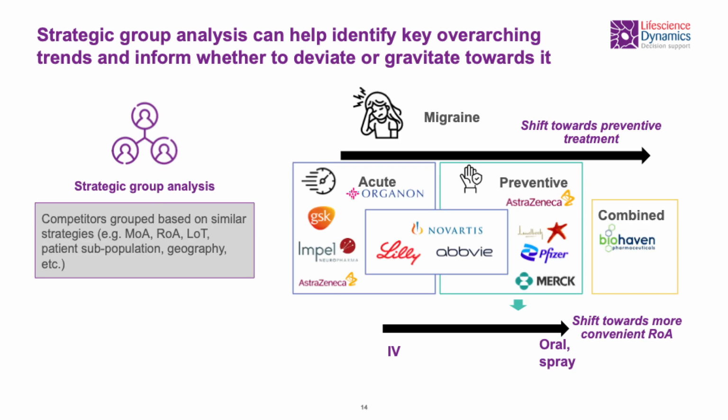So firstly, strategic group analysis. So this is essentially grouping competitors based on similar strategies, whether this be competitors who have the same mechanism of action, or competitors who are going for a similar line of therapy or patient, etc. This is a visualization to try and represent what we're trying to say here, but for the migraine landscape, for instance, again, this is just a brief snapshot, it's not comprehensive, but we've grouped this as acute players, preventative players, and players who play across both the acute and preventative migraine market.